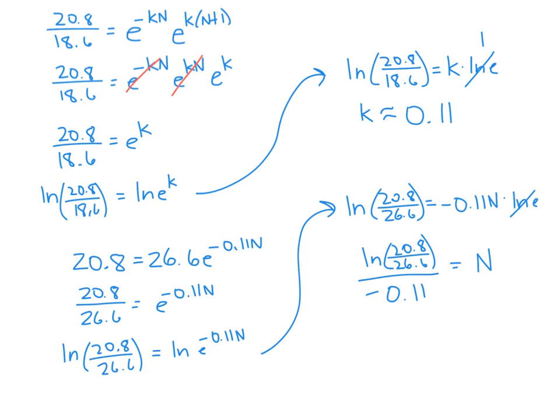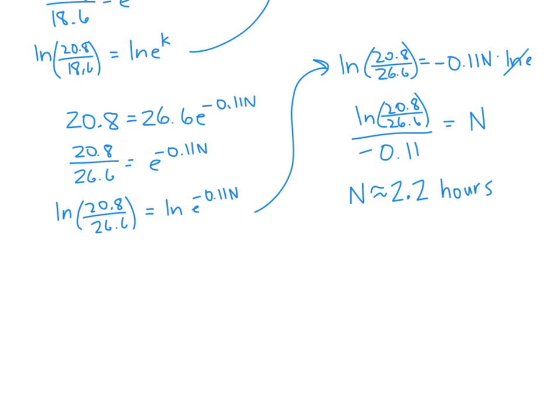Alright, and then when we put that in our calculator and get a decimal approximation, we get that n is approximately equal to 2.2. So now remember what n is. N is the number of hours since the murder was committed. So n is 2.2 hours. Alright, so when the coroner arrived, the murder had been committed 2.2 hours prior to that.